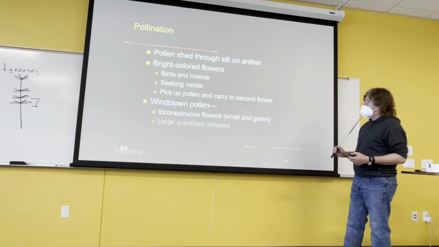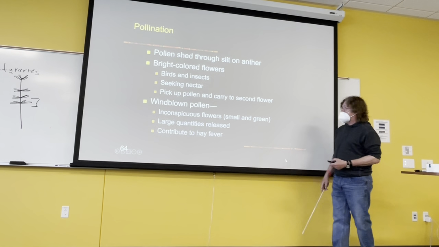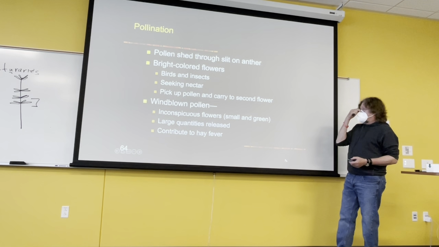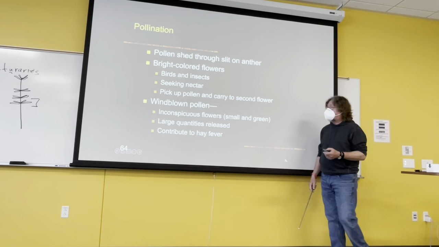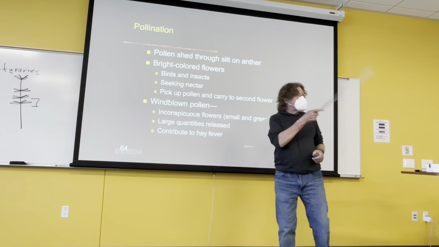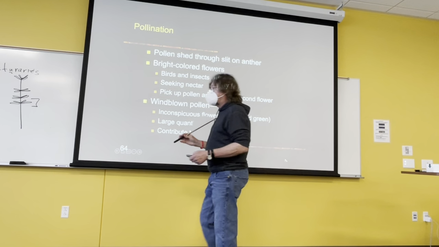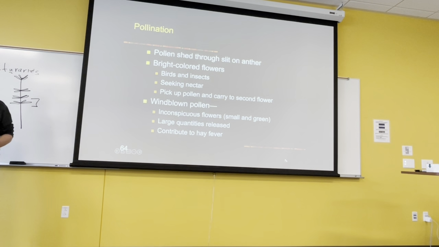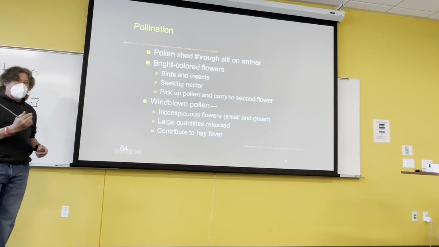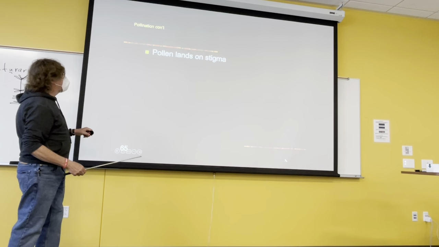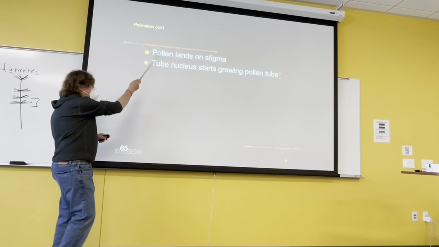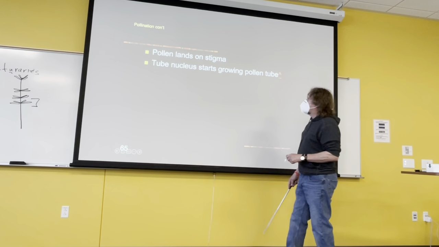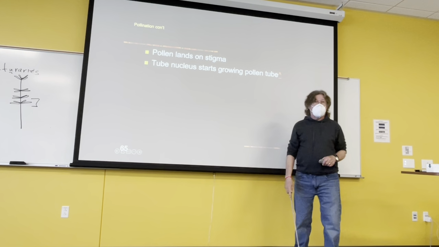Okay. All right, so large quantities are released and so forth, and this is what contributes to hay fever, which is an allergic reaction. Okay, now, we've seen what happened here with the male forming the pollen, but in the ovaries of the carpel, ovules, okay, first of all, pollination, this is what happens: pollen will arrive on the stigma, and the tube nucleus will start growing.